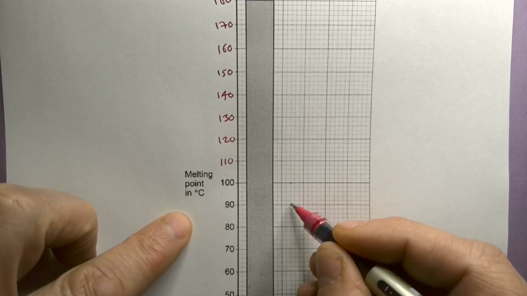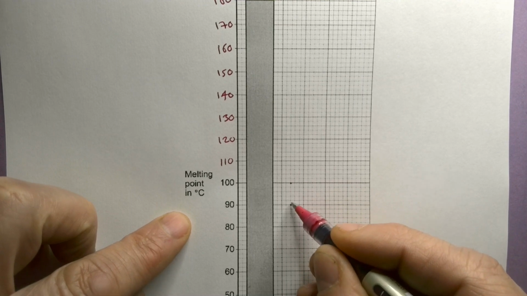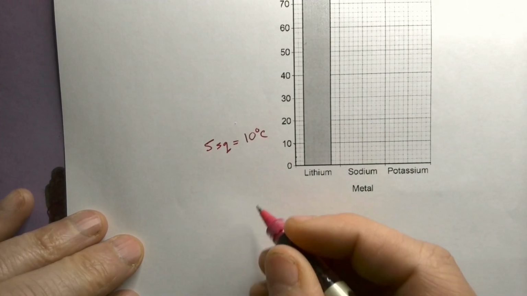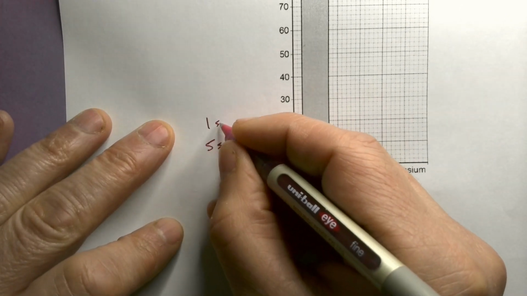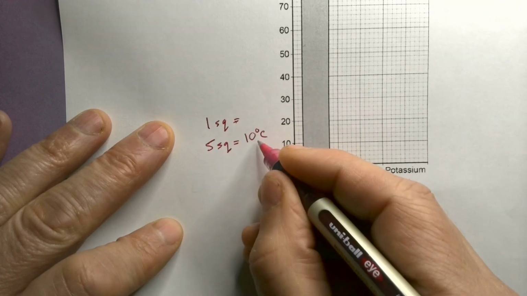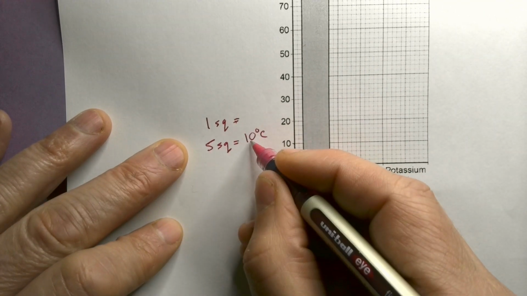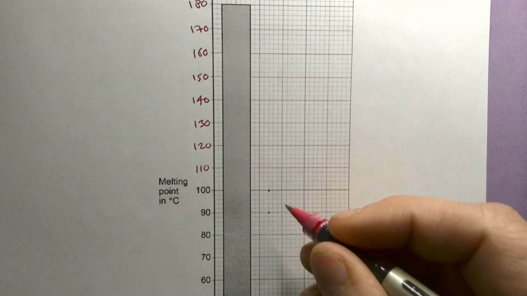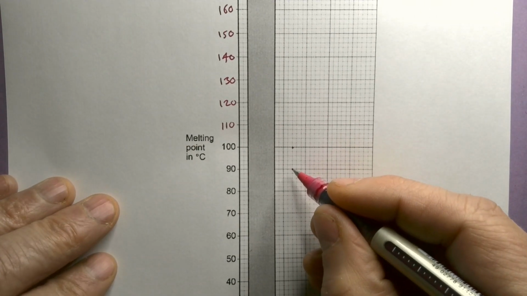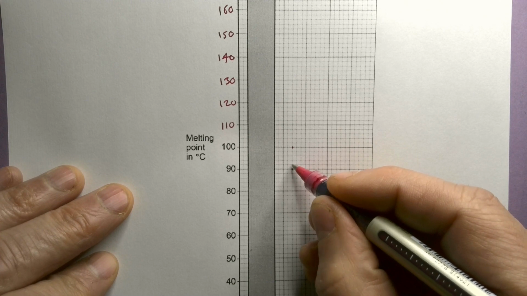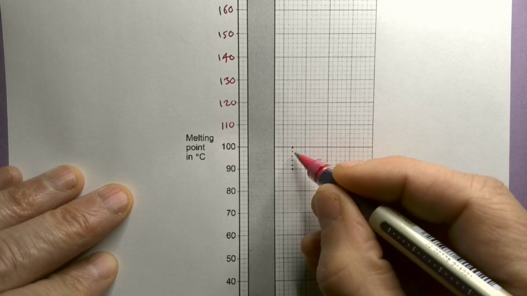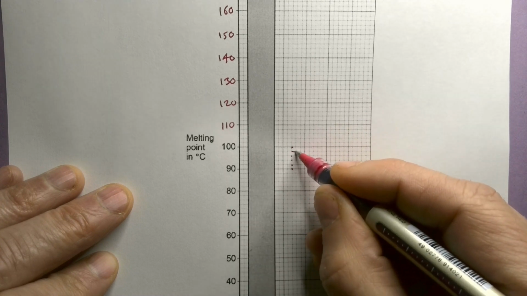Each of these little ones in between is 5 little squares, and 5 little squares is equal to 10 degrees, so one square must be a fifth of that, 2 degrees C. So let's go up in 2s, so I've got 92, 94, 96, 98. Okay, there's the bar, and it goes all the way across.